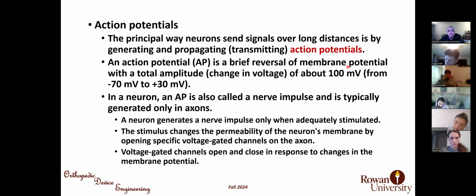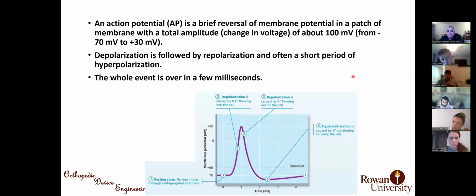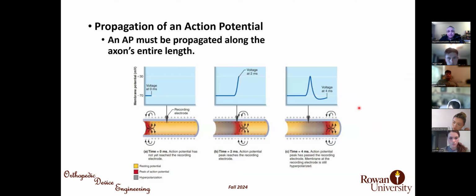But if the cell is stimulated, this charge will be reversed. So when it is stimulated, outside will become negative and inside will be positive.